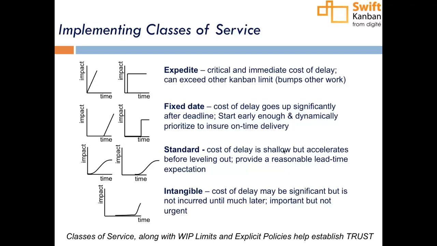So what you've done is taken the wait time from a standard card and given it to expedite. So the standard card got delayed. When you have an expedite card, your standard card lead time will increase. So effectively, you're taking something off or moving something out.